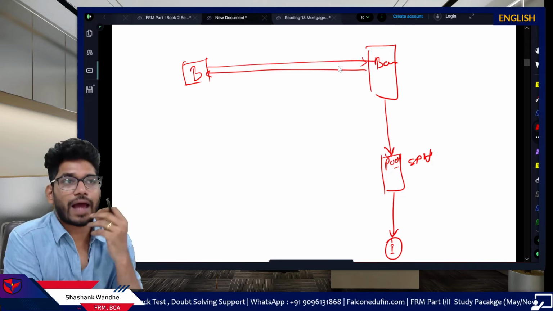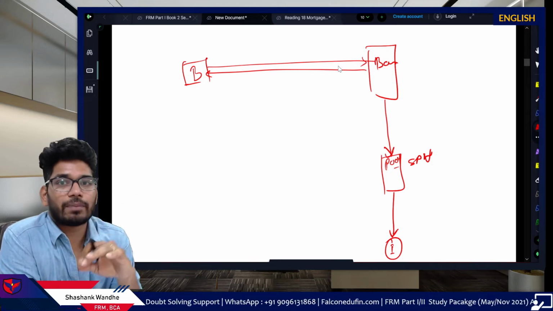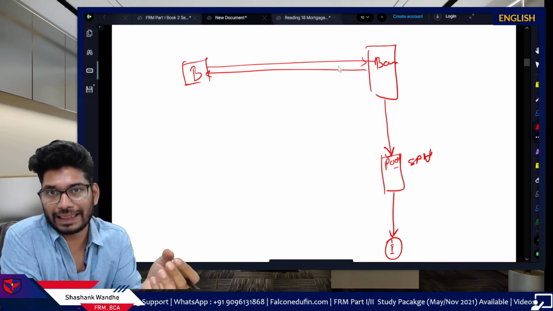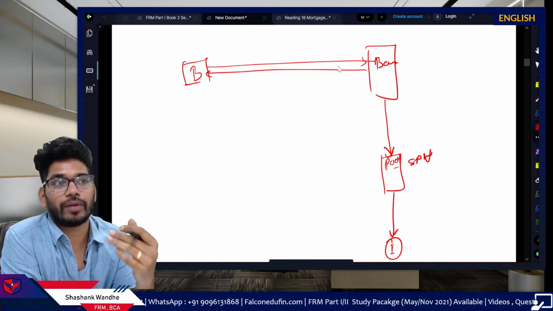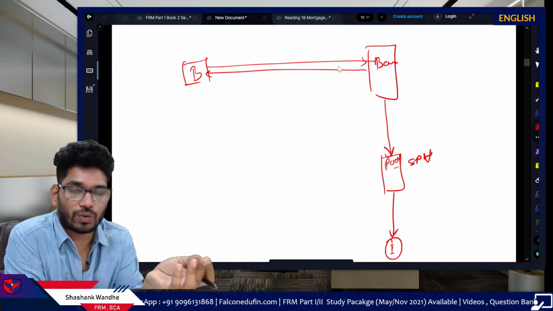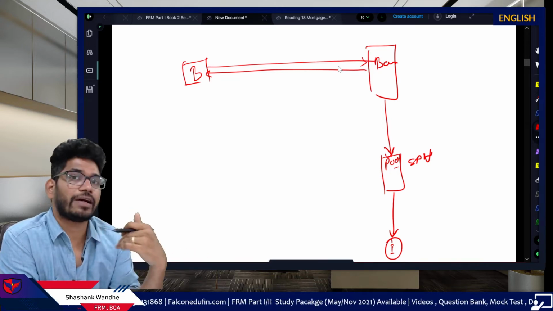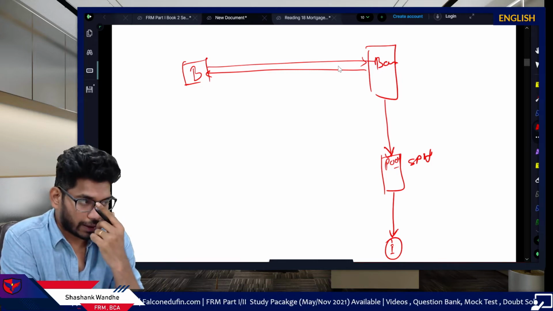So in the USA, what happened? The US government or Fed wanted to promote housing development in their country. They wanted to make sure that every person owns a house. In India we have a similar thing going on, but definitely not in this manner.